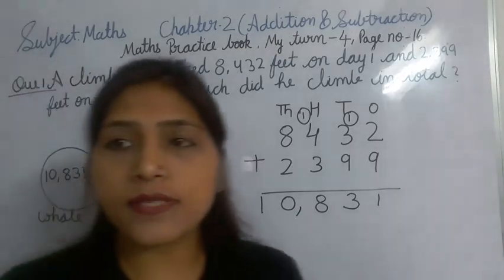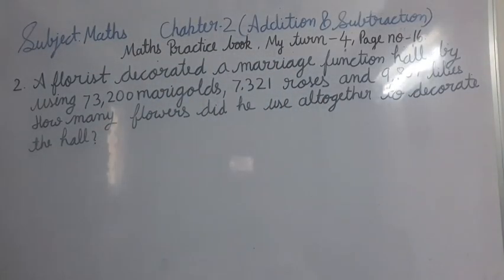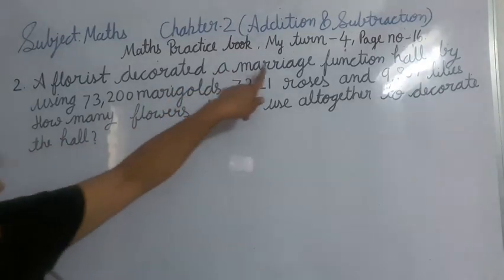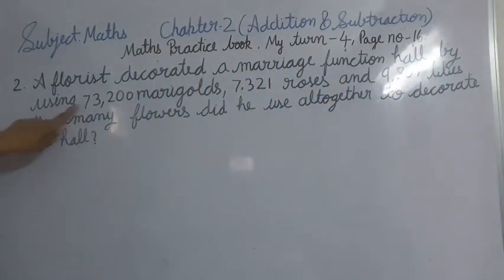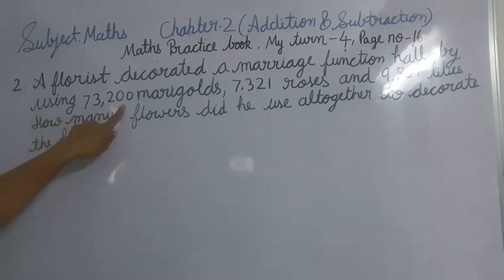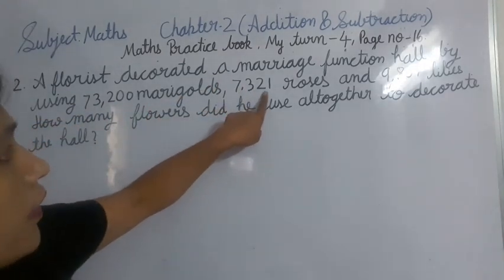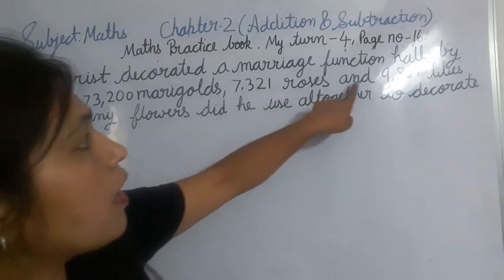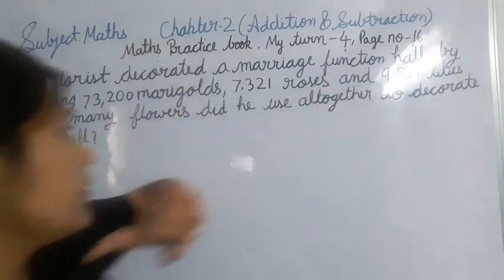So now let's solve the second one. So let's do the next problem, the problem number 2 of my turn 4. A florist decorated a marriage function hall by using 73,200 marigold flowers, 7,321 rose flowers and 9,807 lily flowers.